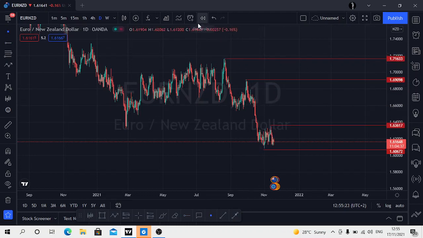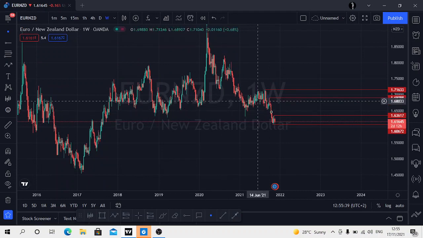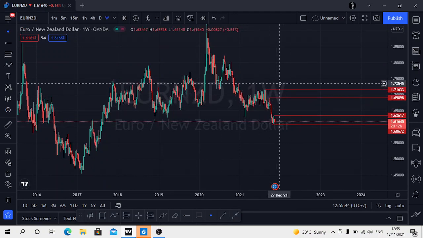Now what you also need to know is that when you are making an analysis on the weekend, you start from the weekly time frame. Why? Because there's a lot of market data that has been constructed as the week has progressed. Let me show you right here. Everything seems to be a bit more compacted, right? So now as you see, everything is more compacted, which means that 1 week represents 7 days.